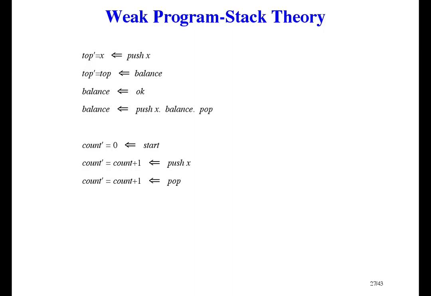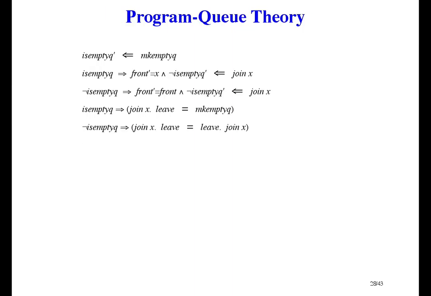Well, let's move on to Q theory now. In the program version, we have a program makeEmptyQ and a binary expression IsEmptyQ. After executing makeEmptyQ, IsEmptyQ is true. We have procedure join.